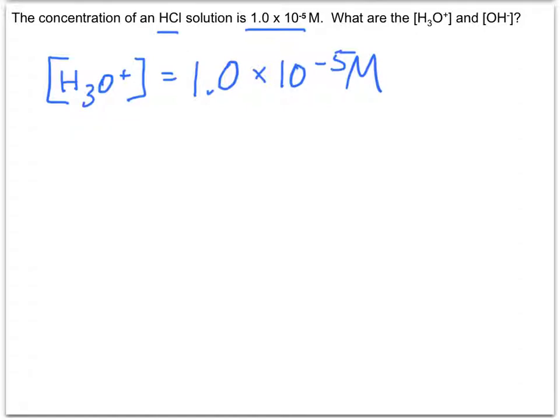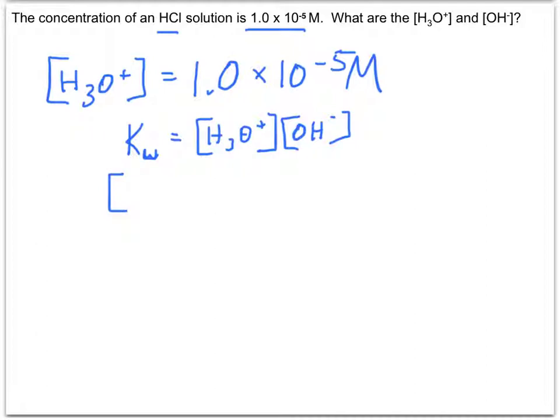We just have to analyze which answer they have given us. In order to calculate the hydroxide ion concentration, we will use the formula Kw is equal to the product of both the acid and base ions. And we will rearrange this equation to solve for our unknown. In this case, the unknown is the hydroxide ion concentration.